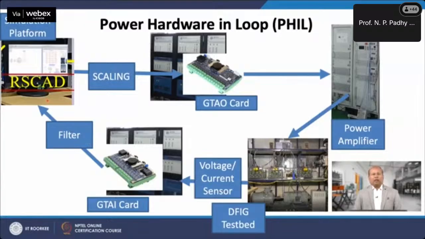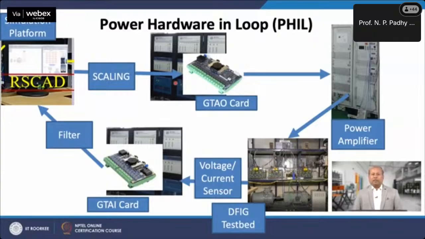Now, in the power hardware in loop simulation, power devices such as renewable generations like wind or solar, and their inverters that are part of the system network are interfaced with the simulator that is run on the real-time digital simulator in power hardware in loop experimentation.